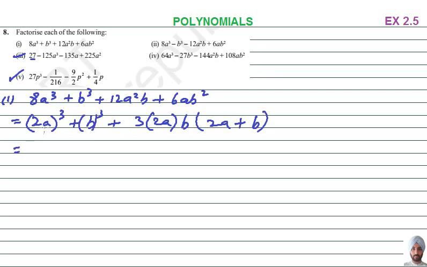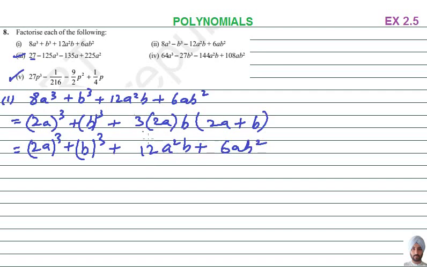So if I open it, I'm not going to open it fully, but I can do one step. So here it will be 3 into 2, that is 6ab, into 2a, that is 12a square b, and 3 2s are 6, 6ab, 6ab into b is 6ab square.